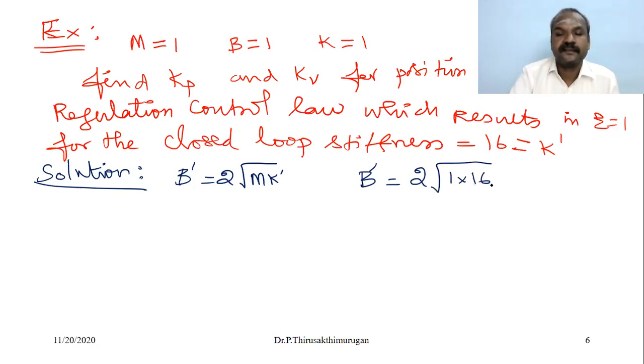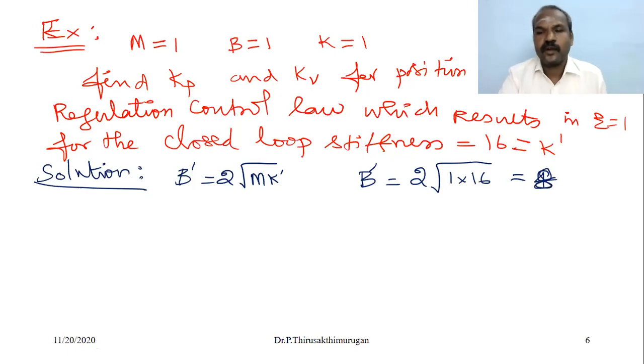So 2 into root of 16, root 16 is 4, 4 into 2, so b dash is 8. Very good.